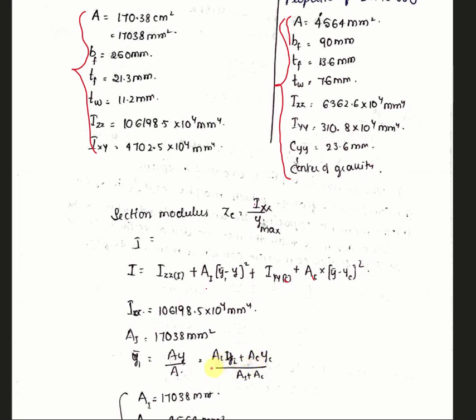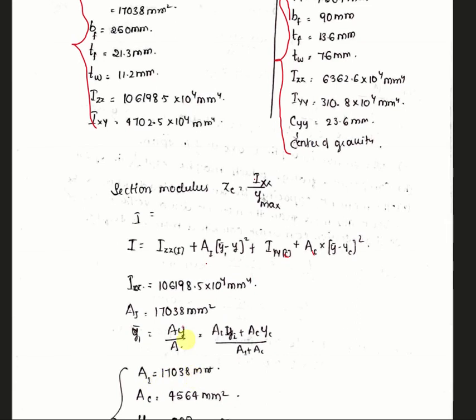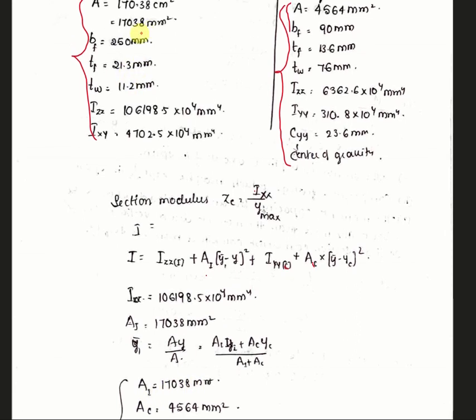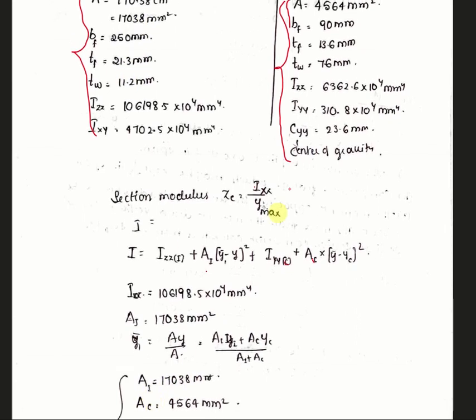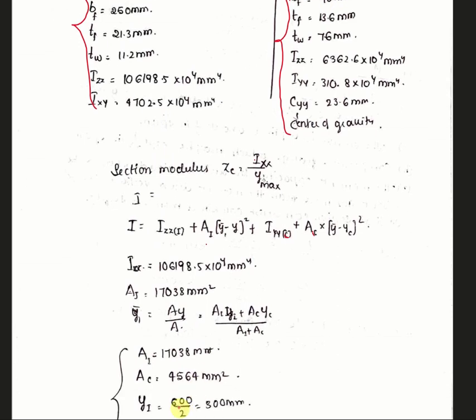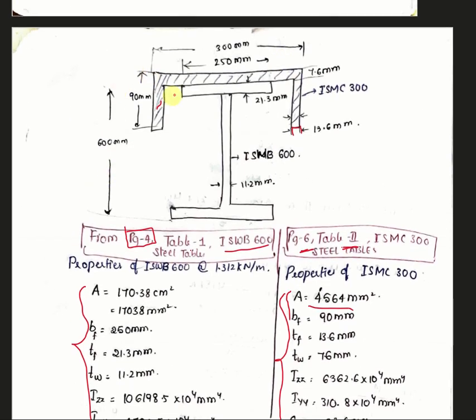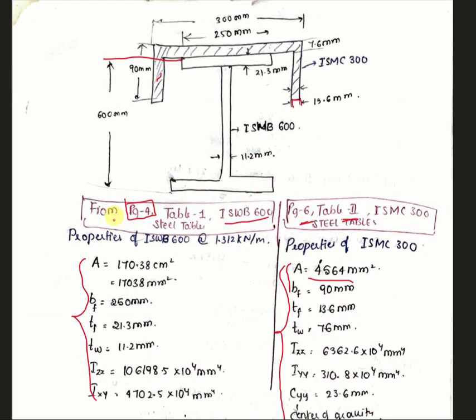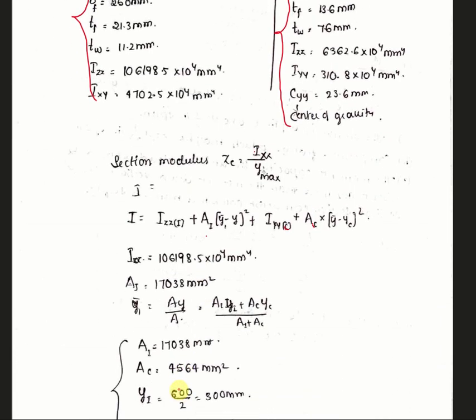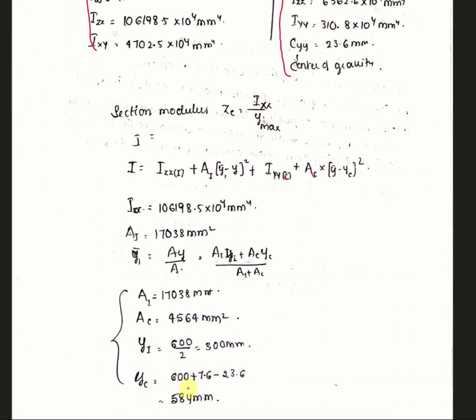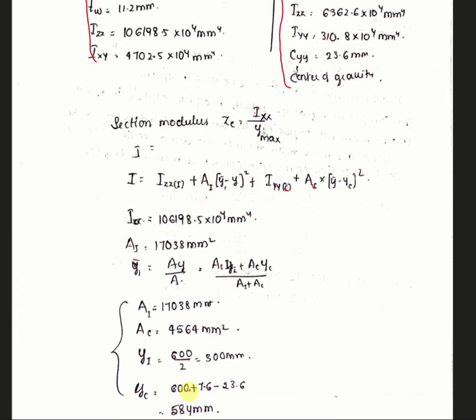We have to write all these also. AI is 17038 mm square, AC is 4564 mm square, Y1 is 600 by 2 because it's total 600 up to here, half of this, and YC is 600 plus 7.6.